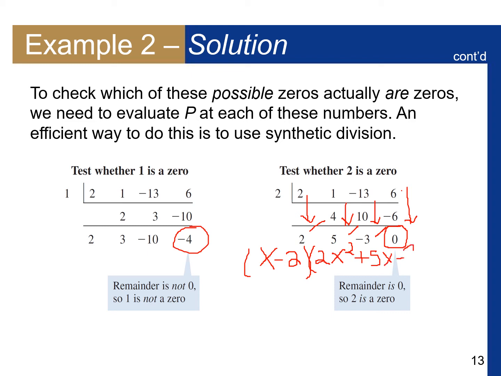Now, why did I do that? Well, because it's a quadratic. And since it's a quadratic, I know I can either factor that to solve it, or I can use the quadratic formula, or I can use your favorite, which is completing the square.